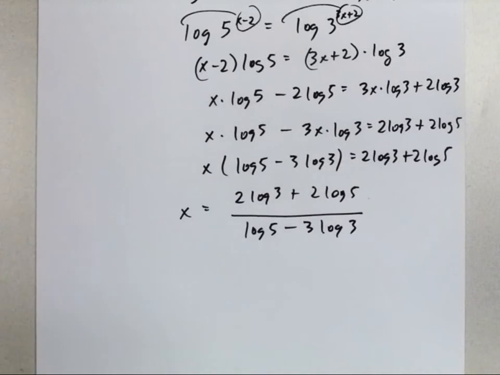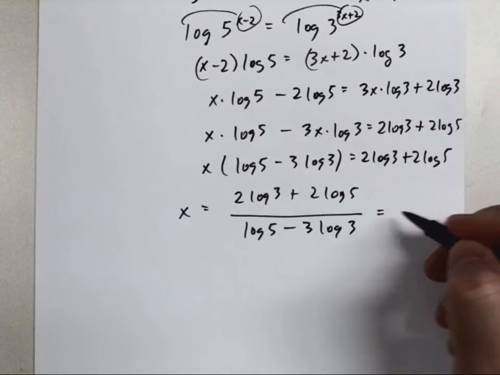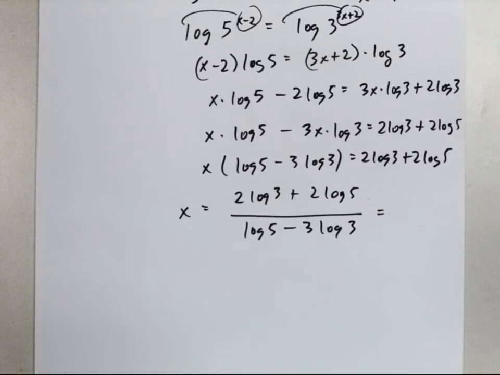That would be the exact solution, because everything on the right-hand side is just a number. Now if they want an actual decimal number, if you have fancy calculators, this isn't too hard. With my calculator, it's a little more work.